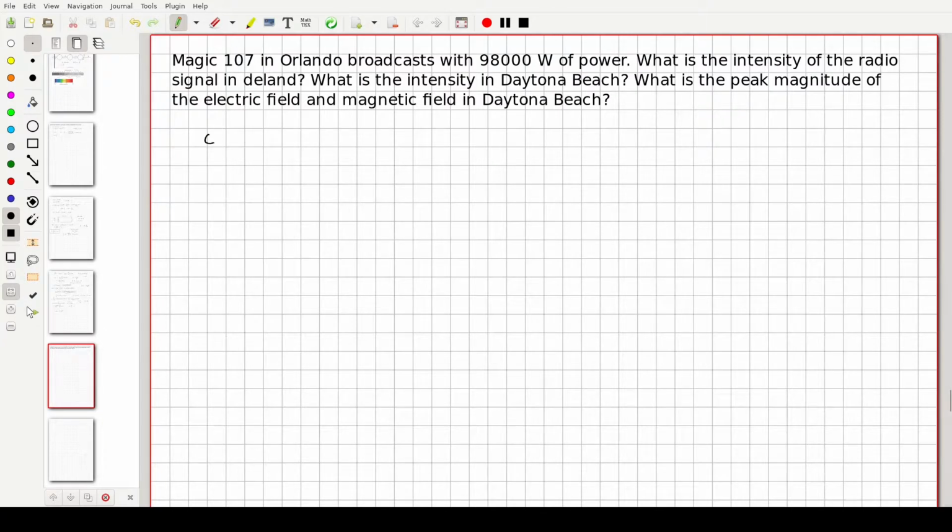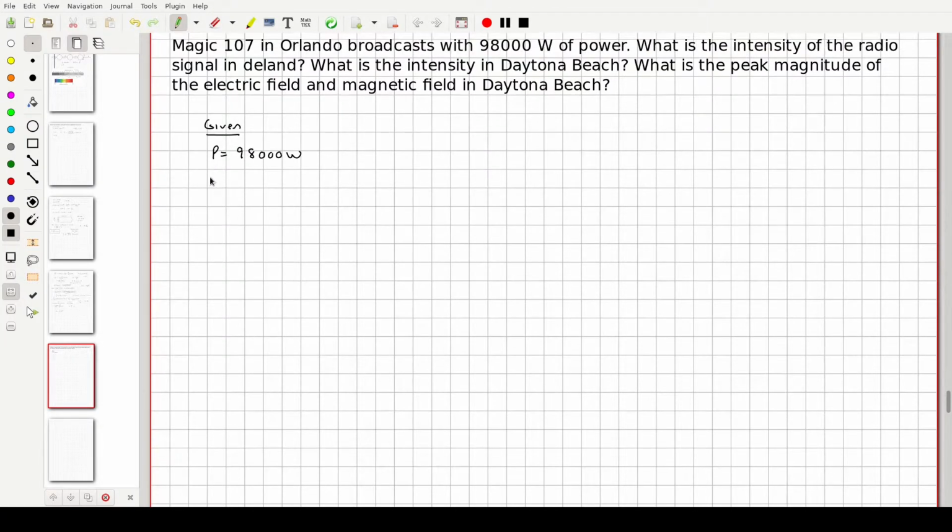Now, to do this, we need a little bit of information. Let's write down what we've been given here. The power due to this broadcast is 98,000 watts. I'd like to know the distance to DeLand. If you look it up, that ends up being about 66 kilometers, or 66,000 meters.